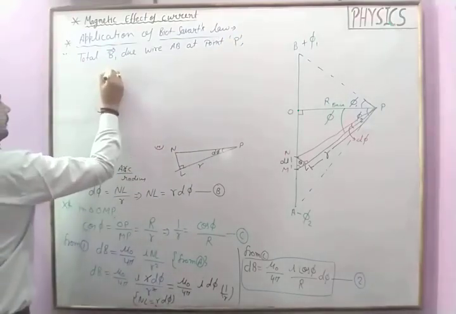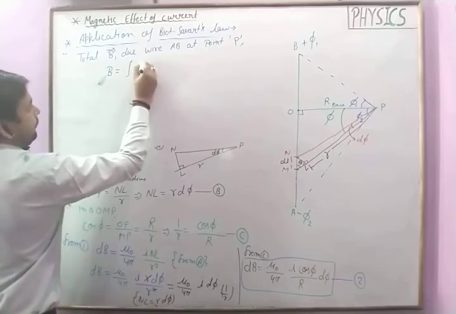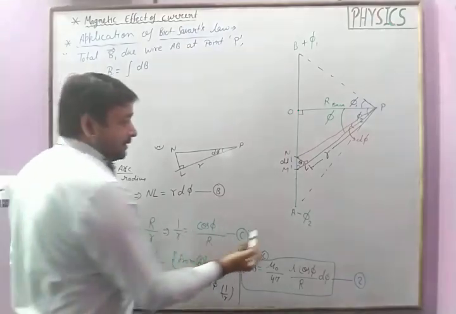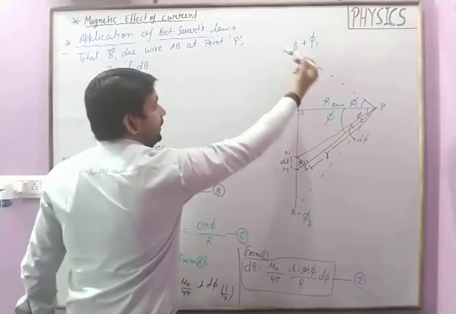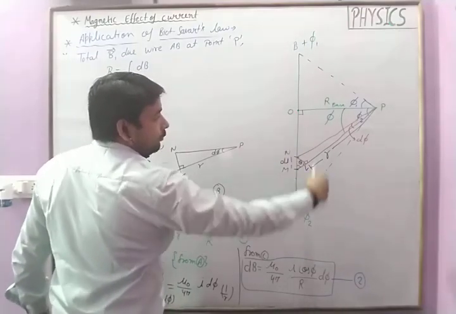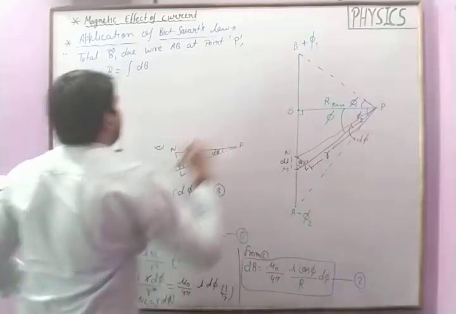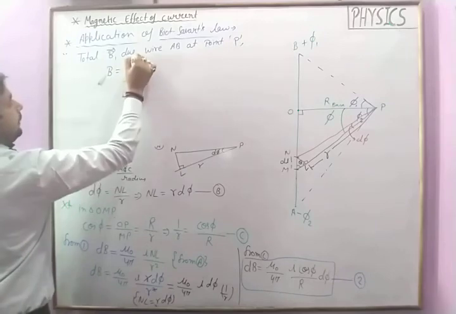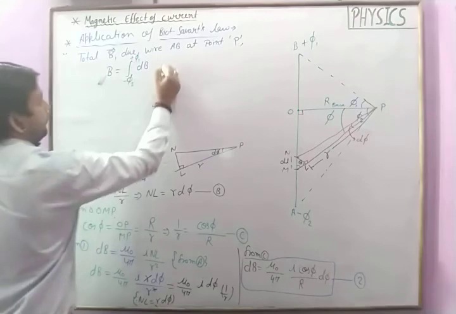Is B is equal to integration of dB, and student, the current in the wire is moving from A to B, so the angle will move from -φ2 to +φ1, that is -φ2 and +φ1. Clear?